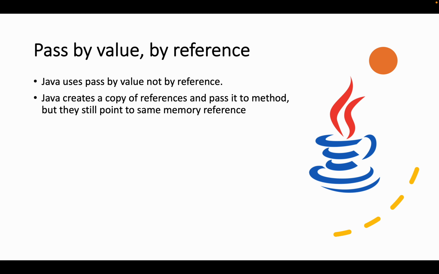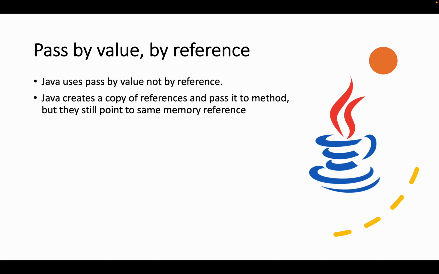Then when you are passing arguments to a method, we have what we call pass by value and pass by reference. Java uses pass by value, not by reference. Pass by reference, if you code it in C++, that's where you have such kind of flexibility.